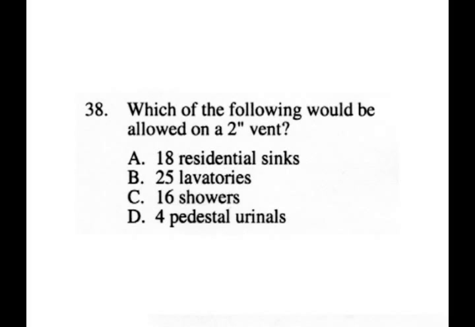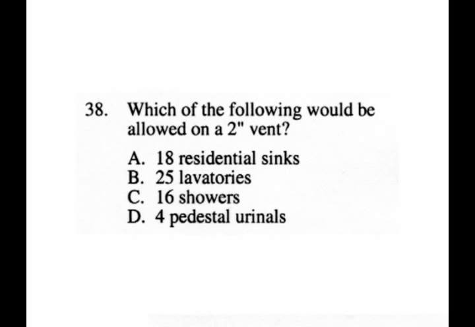In the code and on the test, sinks refer to kitchen sinks, lavatories refer to the fixture in the bathroom where you wash your hands. And a lavatory has a fixture value of 1, so that would give you 25 fixture values, 1 over the maximum. That would not work.